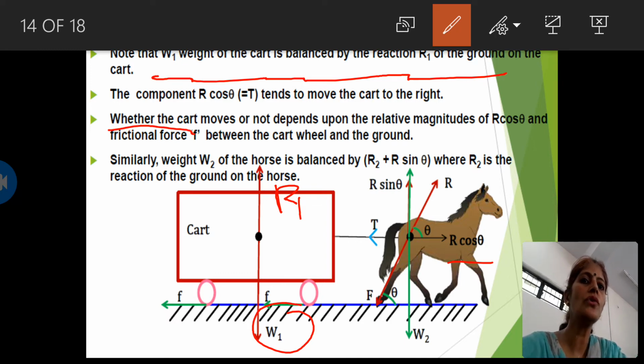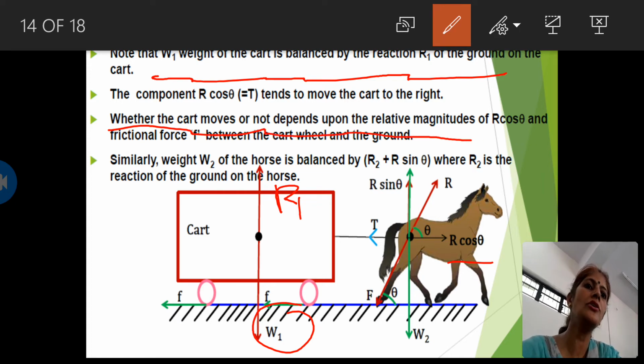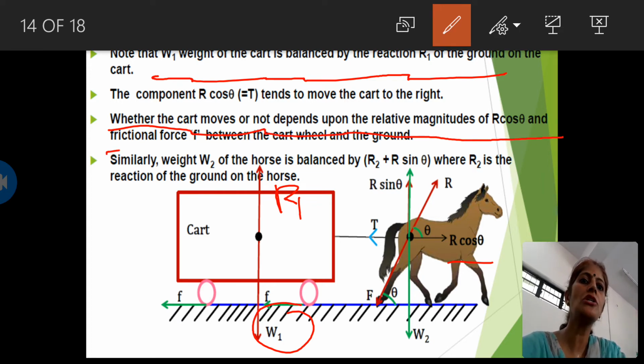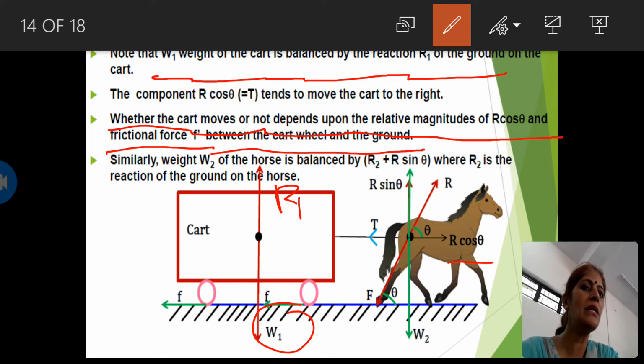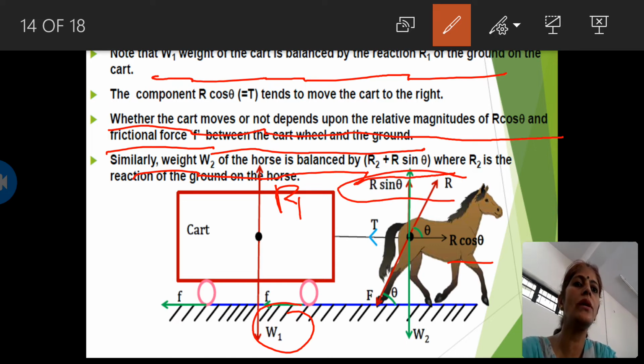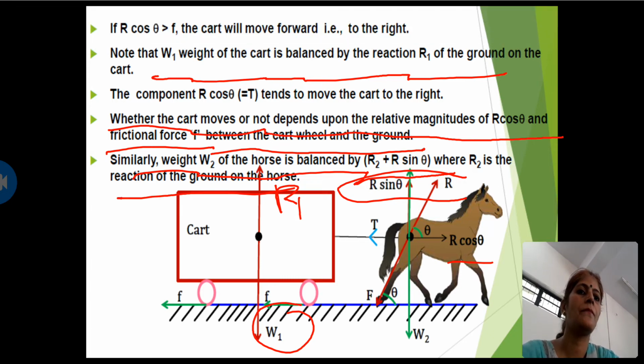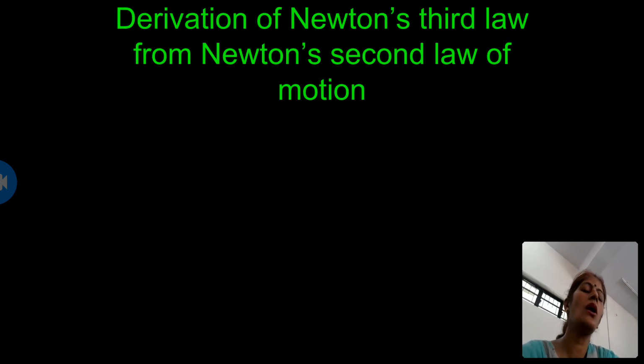Whether the cart moves or not depends upon the relative magnitudes of R cos theta and frictional force F between the cart wheel and the ground. Similarly, the weight W2 of the horse is balanced by R2 plus R sin theta. These two will get added up, R2 plus R sin theta, where R2 is the reaction of the ground on the horse. This is how the horse and cart moves in the forward direction.